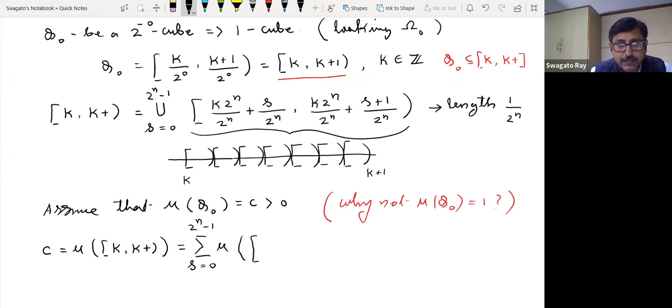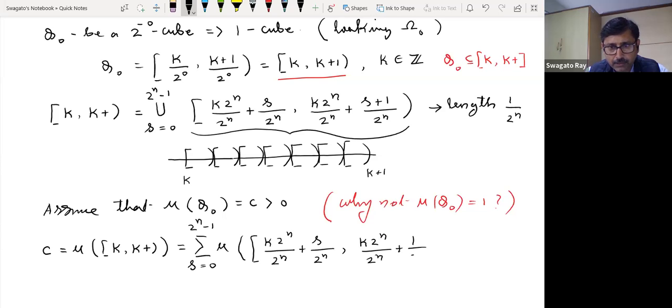Let's write that: K2 to the power n by 2 to the power n plus S by 2 to the power n. I write this one in a slightly different way: K2 to the power n by 2 to the power n plus 1 by 2 to the power n plus S by 2 to the power n.